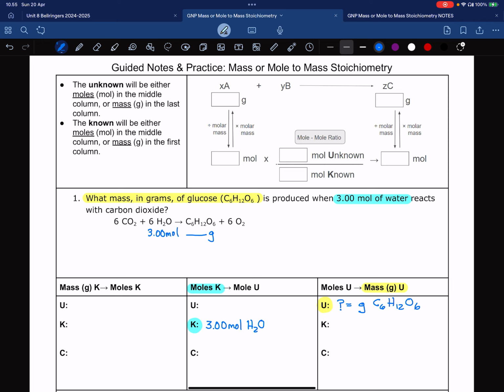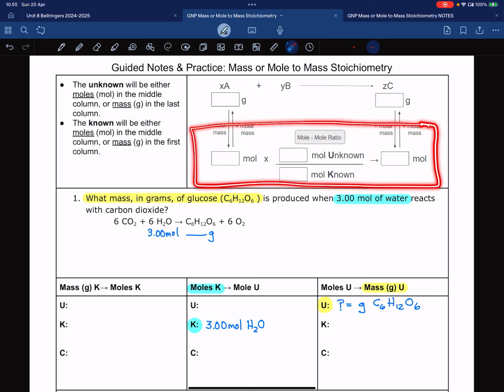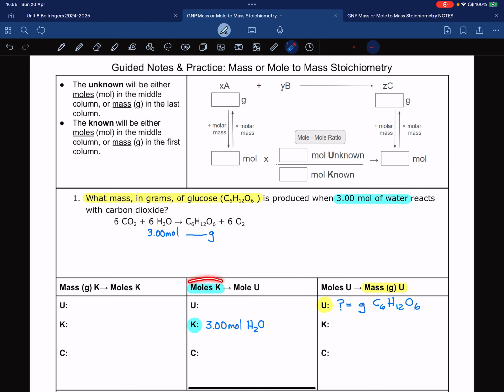Now, from before, we know that this part of the diagram is this part of the problem-solving area, and in this part our known is always moles. Therefore, our unknown is going to be moles of the unknown.